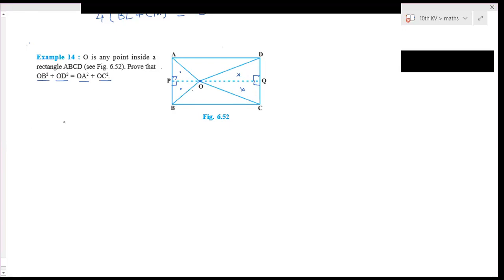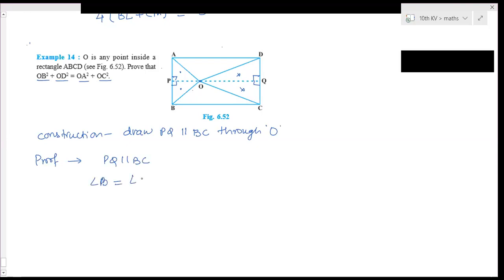Okay. So starting with the construction: draw PQ parallel to BC through O. Then the proof. In the proof, there are 4 triangles. First, PQ is parallel to BC, so angle B is equal to angle APO, which is 90 degrees.